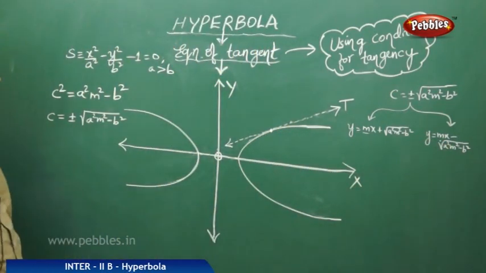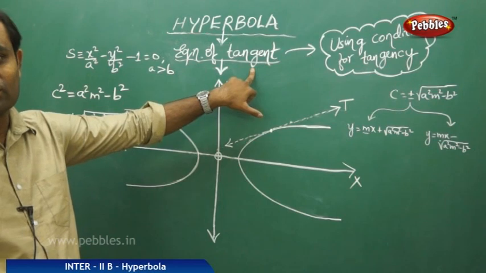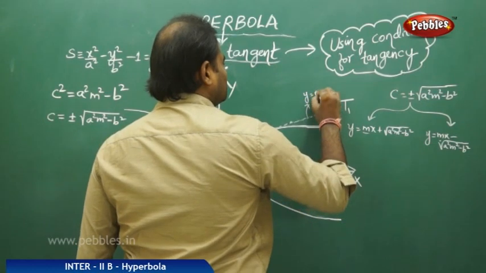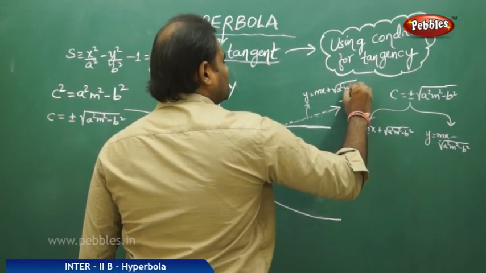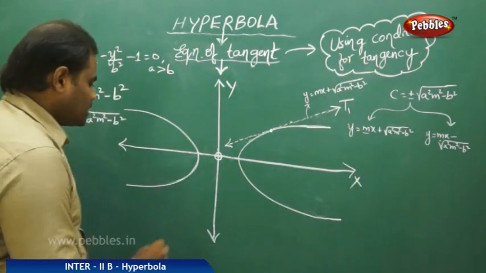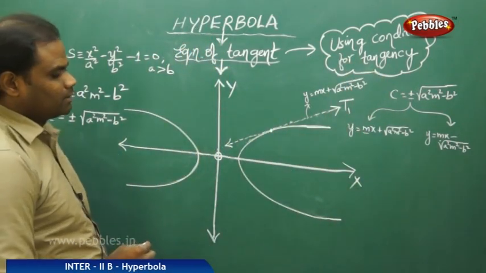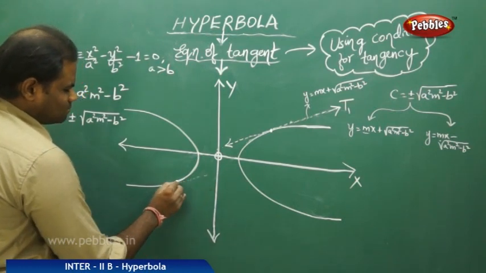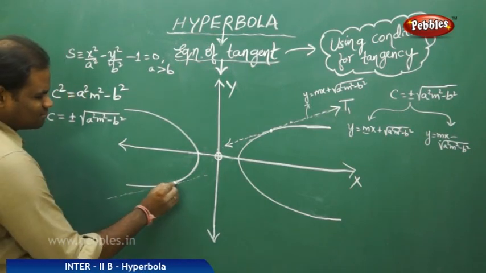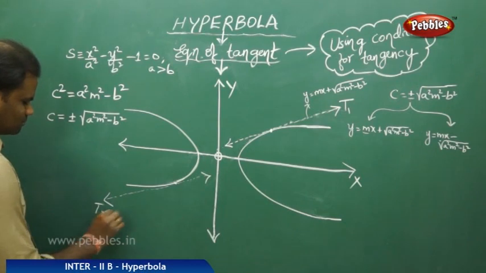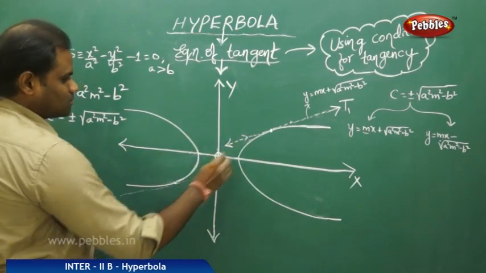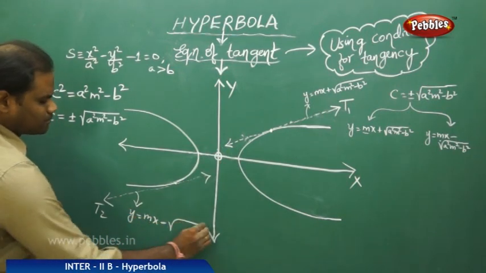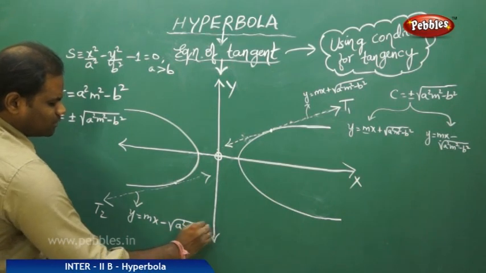Therefore, the condition for tangency leads to equations of two tangents, and there is another tangent which is parallel to this, given by the equation y equals mx minus root a square m square minus b square.